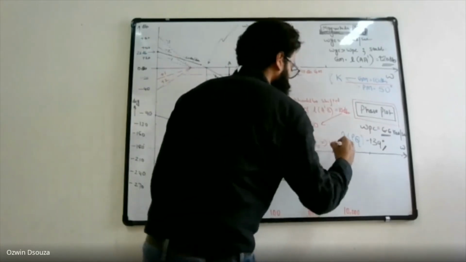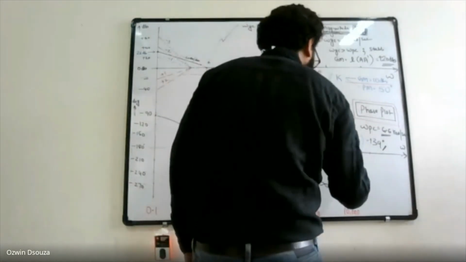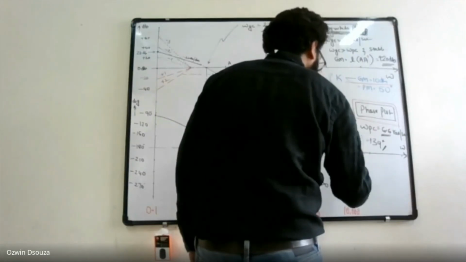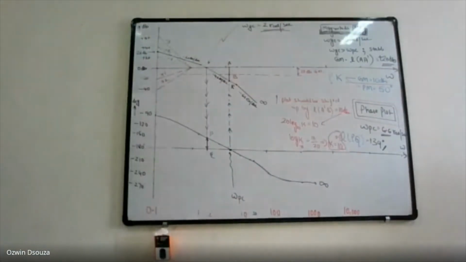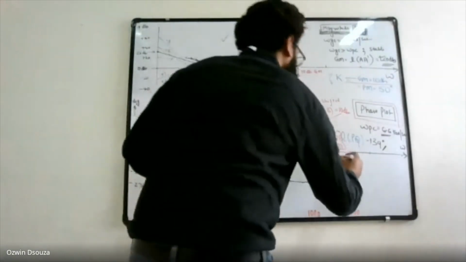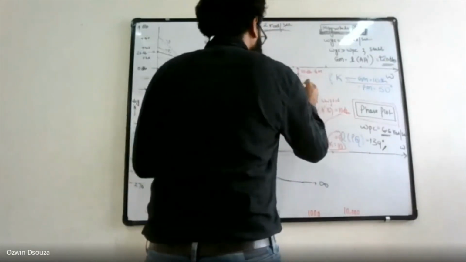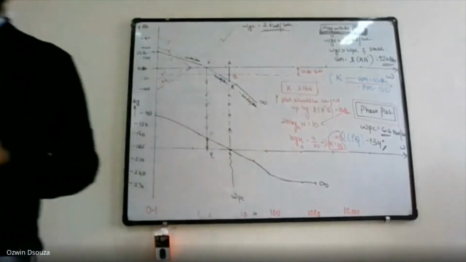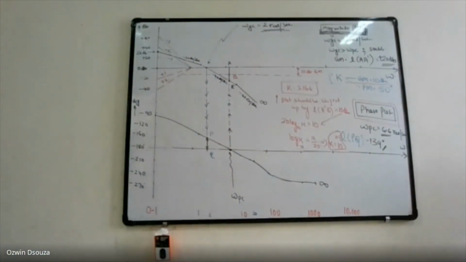That implies K is equal to the anti-log, 10 to the power 0.5. So 10 to the power 0.5, you will get K equal to 3.166. So if you set the value of K as 3.166, the system will get a gain margin of 10 dB.